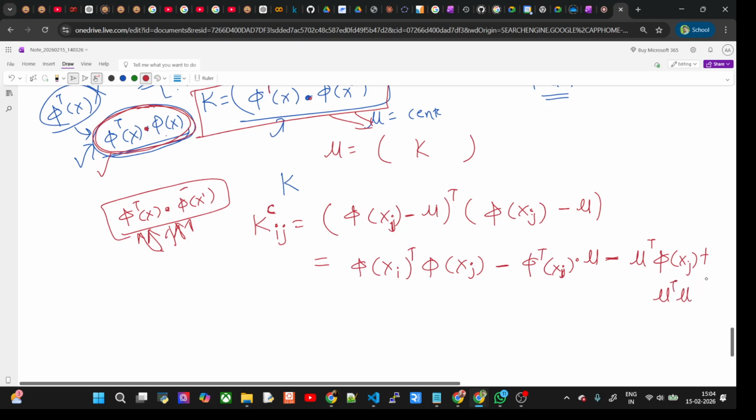I just solved the equation here. This is the dot product equation, this is the kernel k. I'm just centering that kernel. That's why I put centered, that's why I put minus mu.